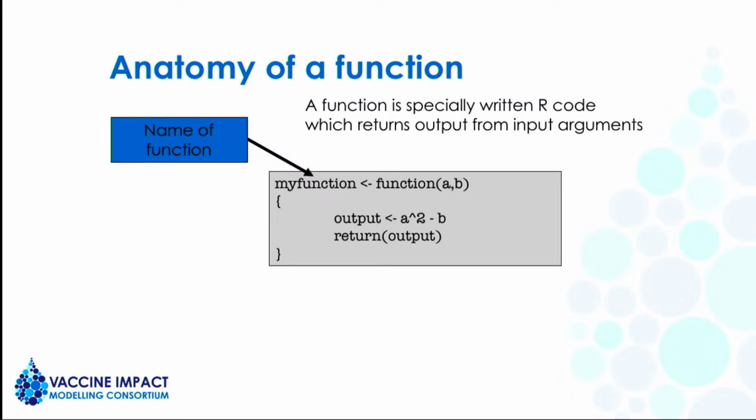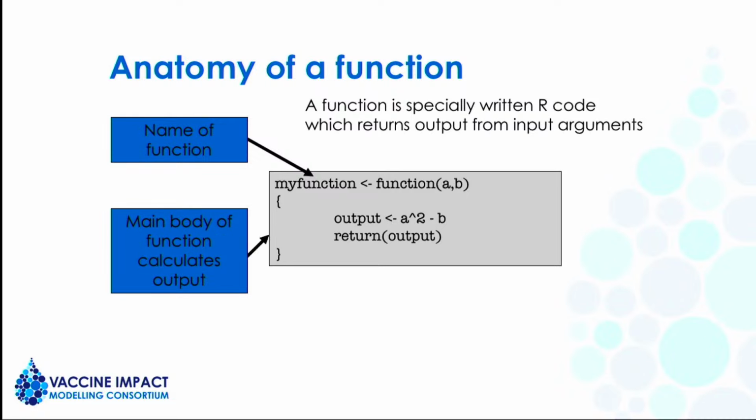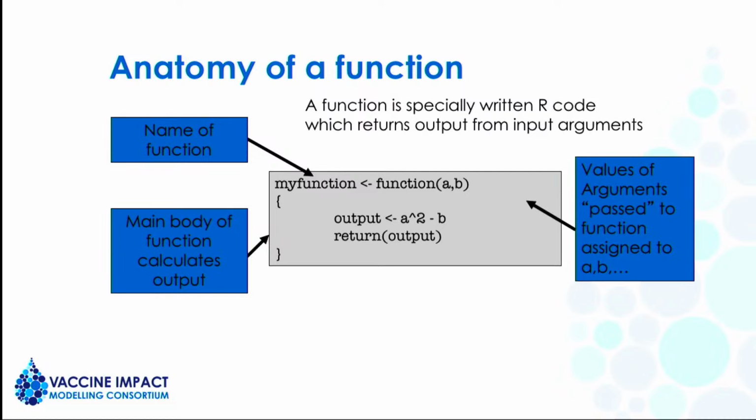Within the brackets following the function call, the main body generates output based on the values of these variables A and B, which are assumed to have been passed by the user to the function when the user uses the function.